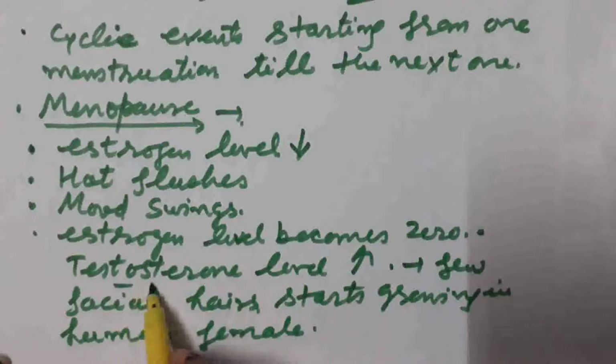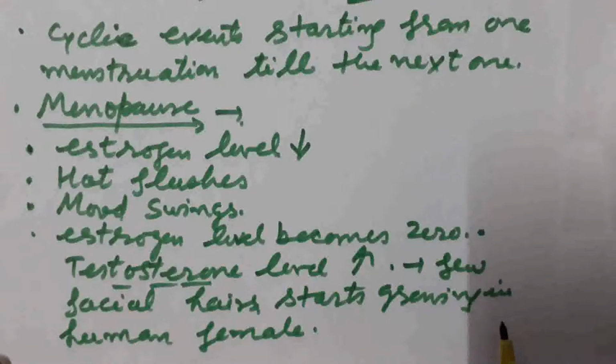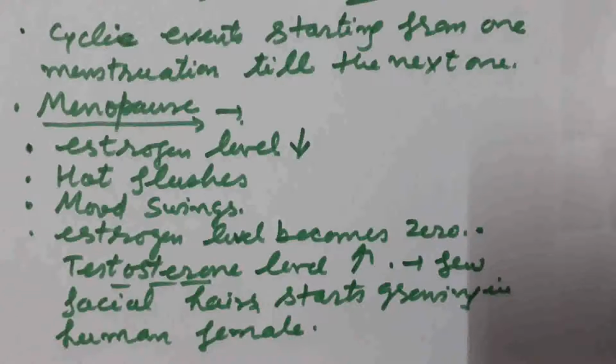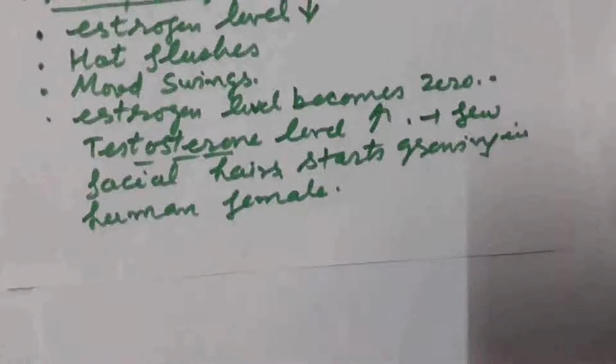Actually, testosterone is the male sex hormone which is responsible for developing hair in males. But in females, at the time of menopause, as estrogen formation stops, testosterone starts working. Not in every woman, but in certain women testosterone level increases at menopause and facial hair growth starts in them.